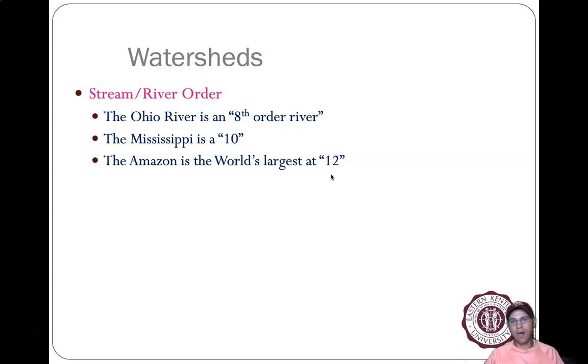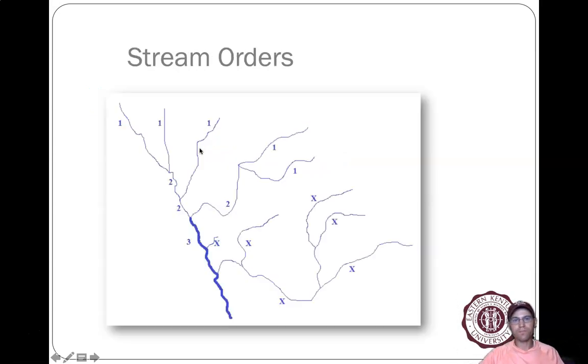So the Amazon is a humongous river system. The Nile may be a long river, but in terms of order, the Amazon is the largest in the world. I believe the Mississippi, even in terms of order and volume of water, is larger than that of the Nile.